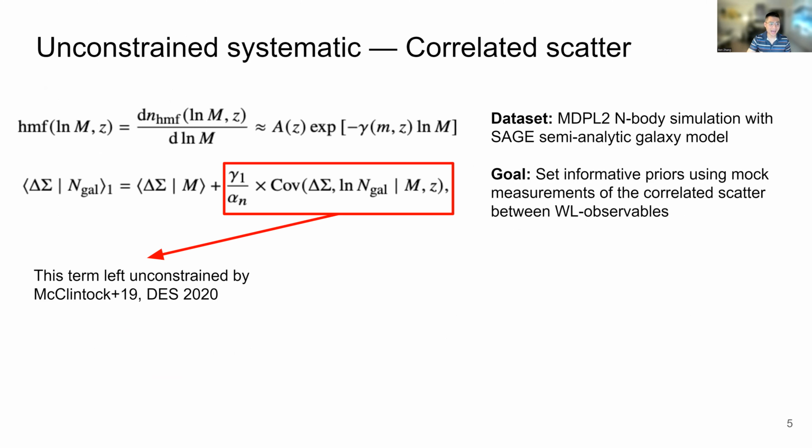You can think of it as a first-order Taylor expansion term to the scaling relation that was left unconstrained by previous studies. The goal of this project then is to use N-body simulation. We use the MultiDark Planck 2 simulation with a SAGE semi-analytic galaxy model to set informative priors of this covariance and describe its impact on the scaling relation and the mass measurements.